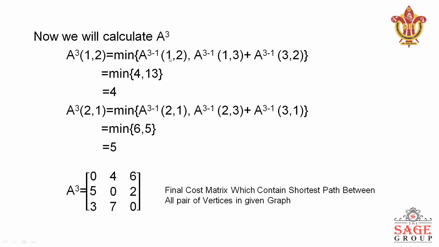We take the minimum of A1,2 and the path with 3 as an intermediate vertex, and we find that the minimum 4 is achieved. Now we apply the same between 2 and 1, and we achieve 5. So we update cost matrix A2 with these values, and the matrix looks like 0 4 6. This is the final cost matrix, which contains the shortest path between all pairs of vertices in the given graph.